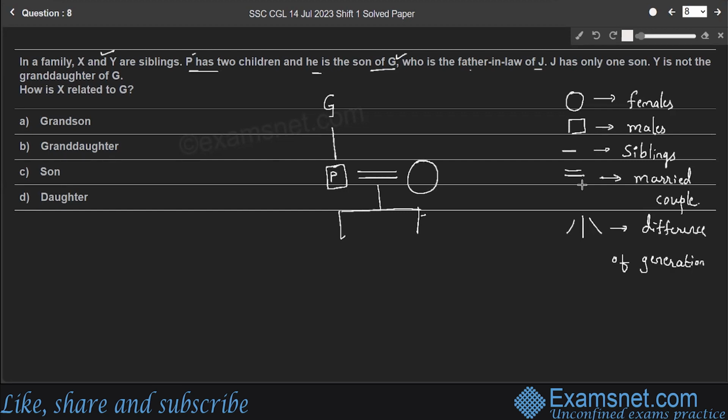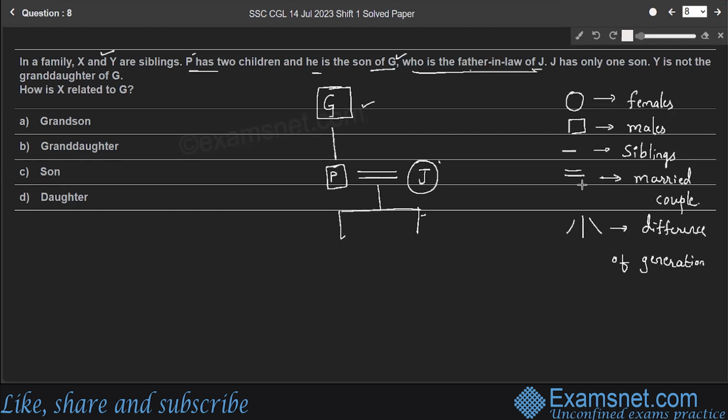Because P is the son of G, P is a male, and G is the father-in-law of J. That means G is a male and J is female, right? For J, G becomes father-in-law, the husband's father.